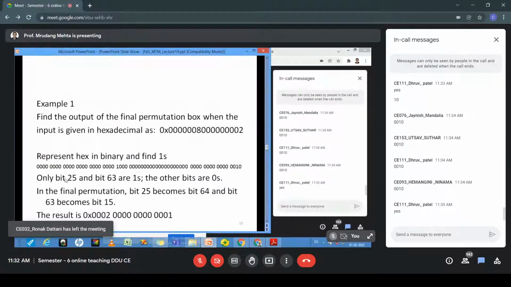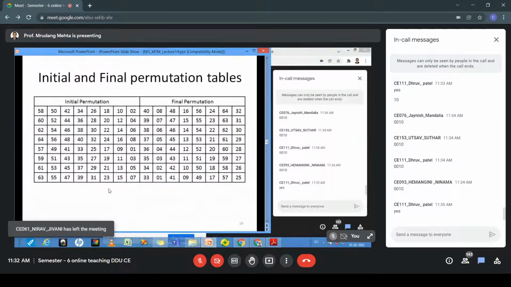You can see bits 25 and 63 are ones. So in the final permutation, bit 25 becomes bit 64 and bit 63 becomes bit 15. So in the initial permutation, what is the 63rd bit? 1, 2, 3, 4 up to 8, 8 into 7, 56, 57, 58, 59, 60, 61, 62, and this is the 63rd bit. So the 63rd bit is having value 15.